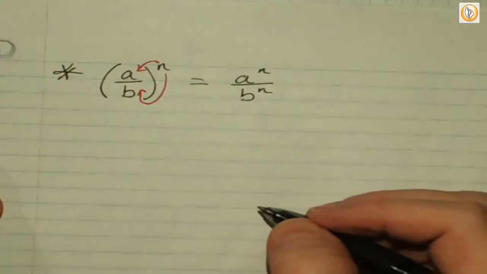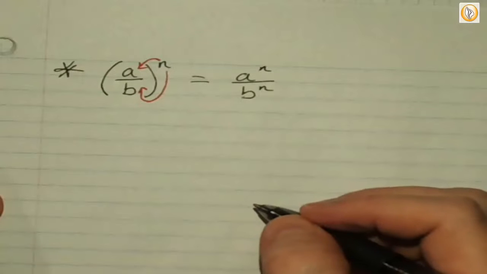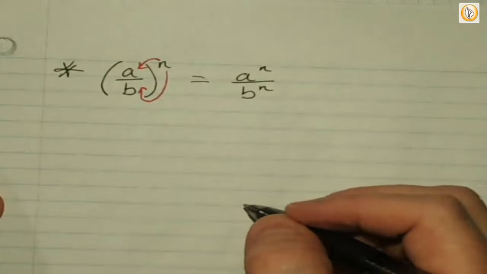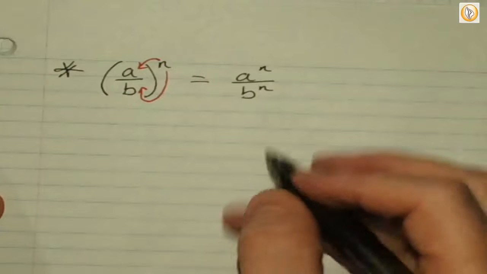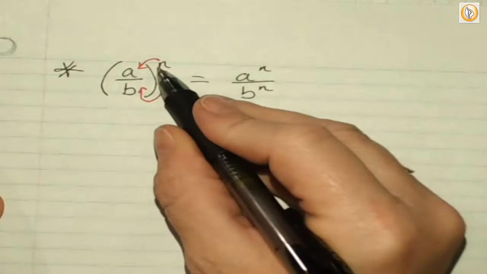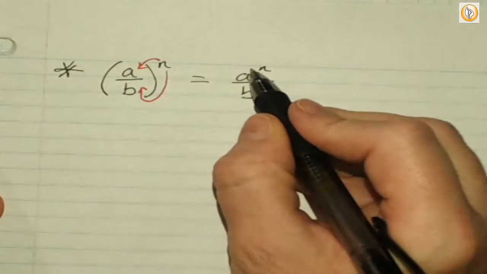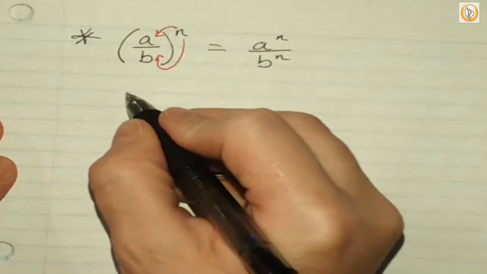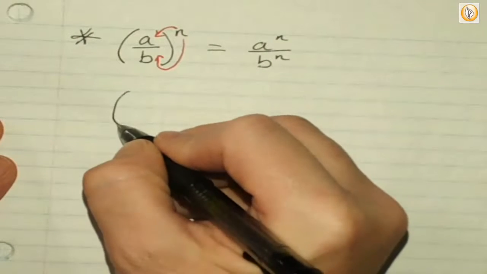What if the n was a negative? Okay, so if this was a negative number, let's do one like that. That's a good one.